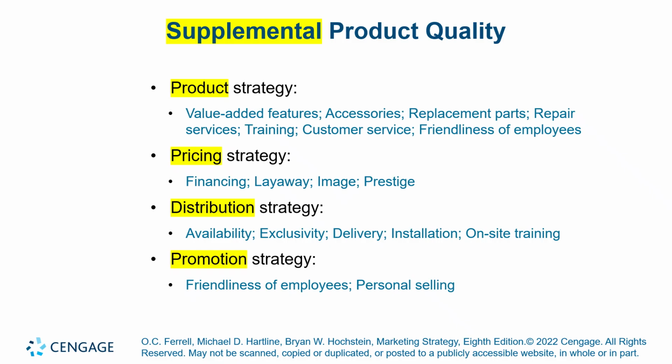In pricing, financing, layaway, image, and prestige can add supplemental product quality. In distribution, availability, exclusivity, delivery, installation, and on-site training all can help. In your promotion, frontline employees and personal selling can also increase supplemental product quality.